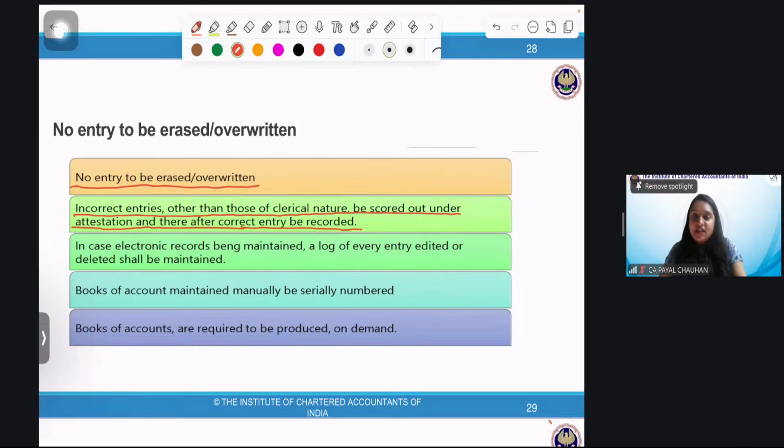Same thing, if any clerical mistake happens, which is very common because of human intervention, it should be attested by a duly authorized person. Then, in case an electronic record is being maintained, a log of every entry edited or deleted shall be maintained.